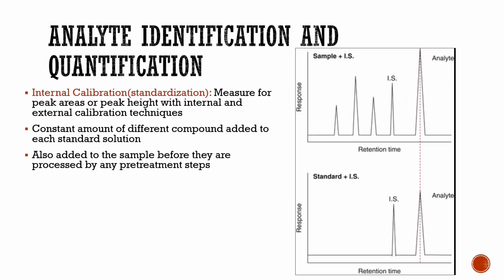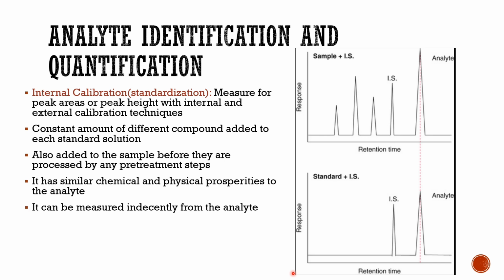For internal calibration or internal standard, it is used to measure peak areas or peak height. It is a constant amount of a different compound added to each standard solution, so it will be constant, and it can be added even before the pre-treatment step if there was a pre-treatment step in the analysis. It has similar chemical and physical properties to the analyte, and it can be measured independently from the analyte.